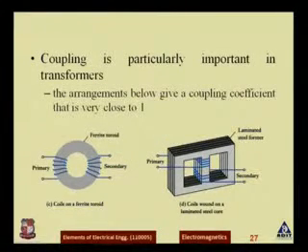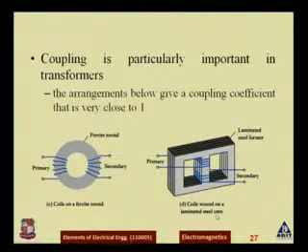This coupling is particularly important in the study of transformers. The arrangements given below have a coupling coefficient very close to 1. You can see in this figure a coil on a ferrite toroid, and in this figure, coils wound on a laminated steel core.